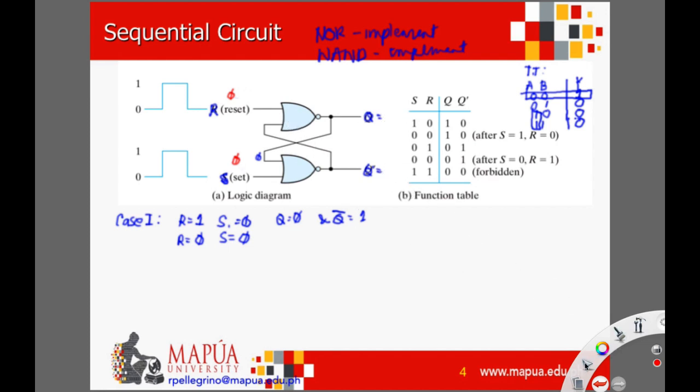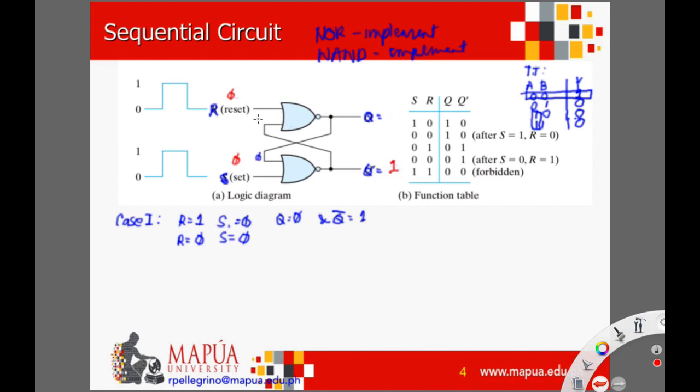As you can see here, if you have 0 and 0, 0 NOR 0, what will be the output? If we have a value of 0, 0 or 0, this one will become 1.